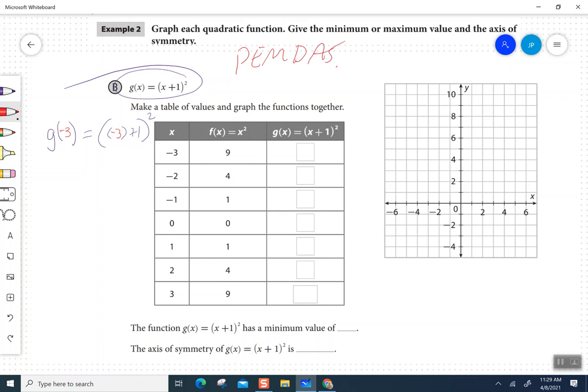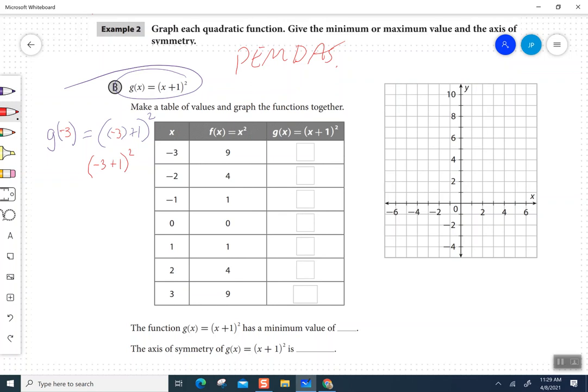So here we go. I want to look inside the deepest set of parentheses because right now I have what's called nested parentheses. My deepest parentheses is this negative 3. If I look in this negative 3, there's nothing I need to add, subtract, multiply, or divide from it because there's nothing right here and there's nothing right here. That means these parentheses are useless, so I'm going to go ahead and drop them. So now I go back to my parentheses. Is there anything to do in the parentheses?